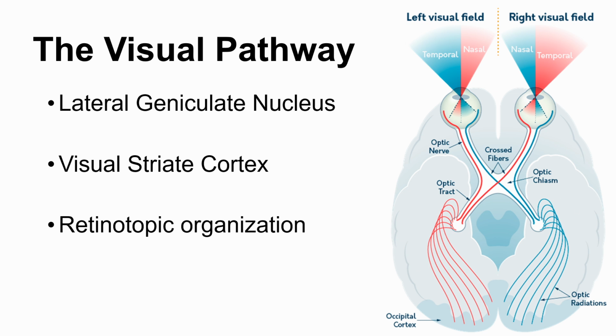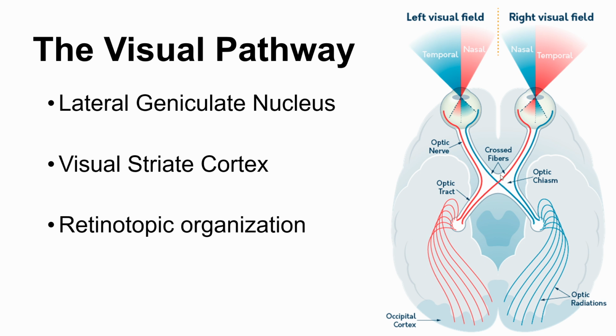And that's the same as when we were looking at our sensory perception and our motor control, where we have that crossing over effect, where the right side of our brain is responsible for the left side of the body and vice versa. So with our eyes, the things that we see on the left side go to the right side of our brain. And these red things that we see on the right side go to the left side of our brain.